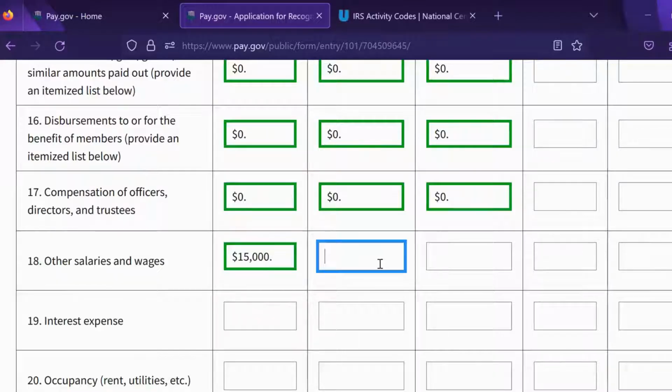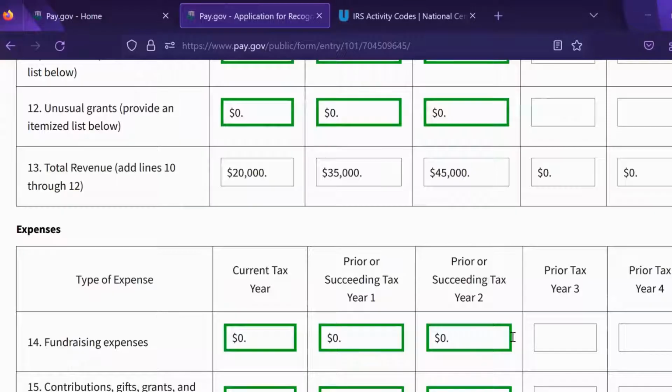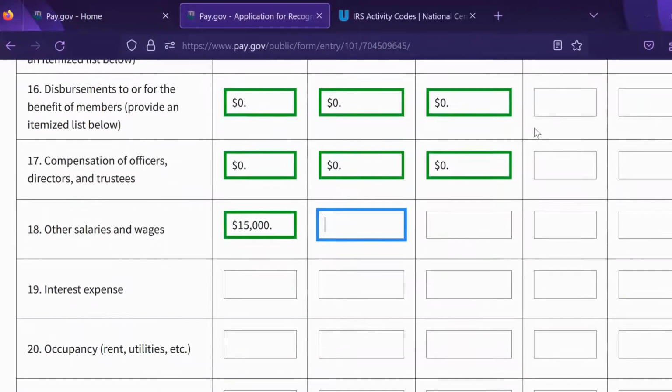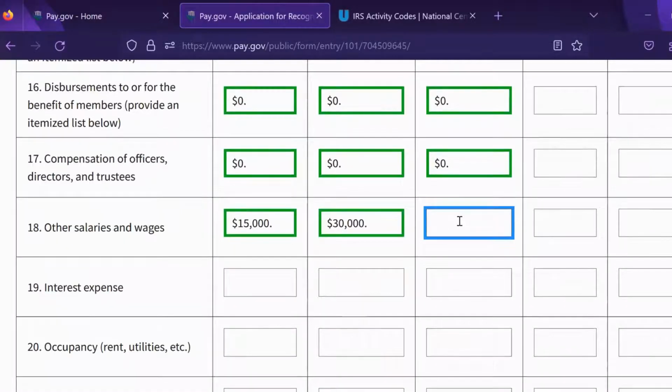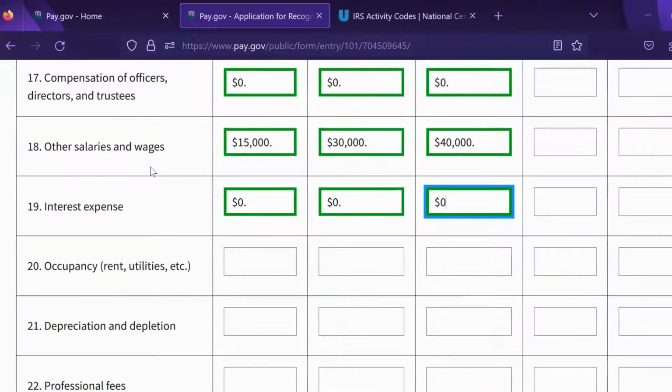And over here, we're going to say 30 and 40. Okay, as she continues, she will grow and get more staff members. She does not anticipate any expenses besides rent. So we're going to put down 5,000 for rent.